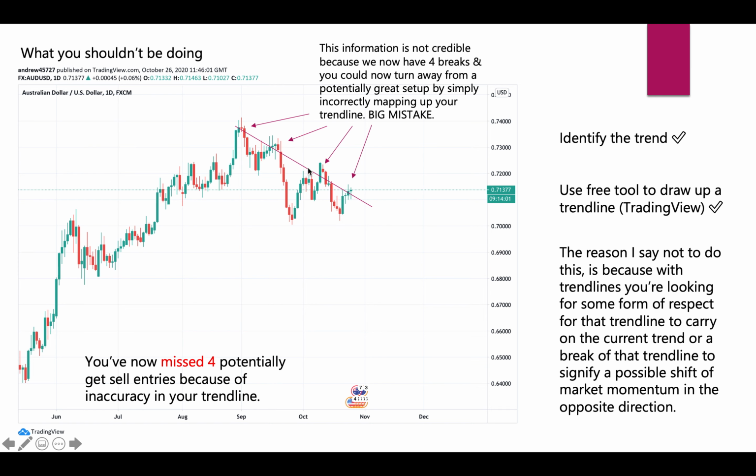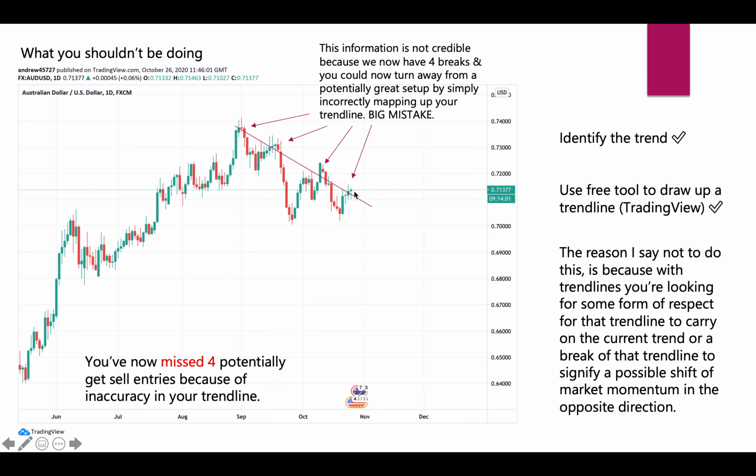After the 3rd touch, or including the 3rd touch, then maybe start trading it, because the likelihood of 3 touches and a 4th one doing the same is very high, rather than 1 touch, because 1 touch could be false information and it could come back and just absolutely obliterate this trend line. It's a bit too risky for me. So wait for maybe 2 or 3 touches, or maybe 2 confirms it for you, and the 3rd one you trade, whatever. But for the purpose of this video, we've missed 4 entries.